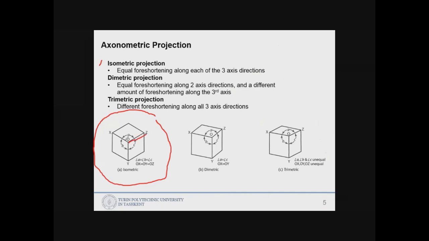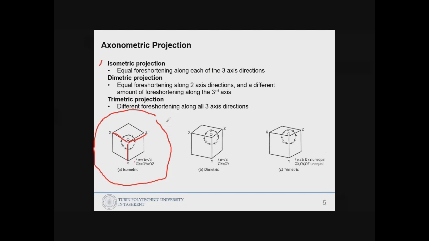x, y, z axes, and the sides or edges of the object are the same distance, and also the angles. Okay, so angle A, angle B and angle C are equal.